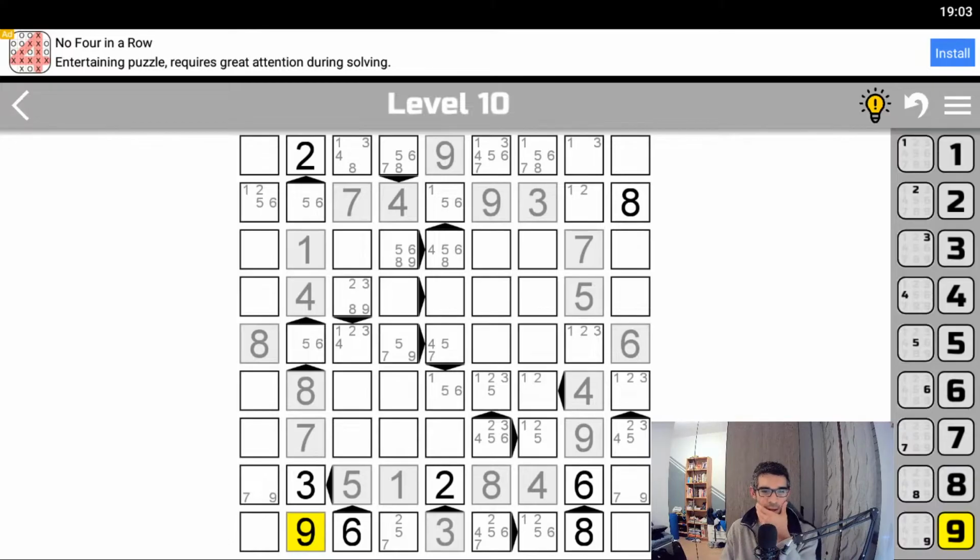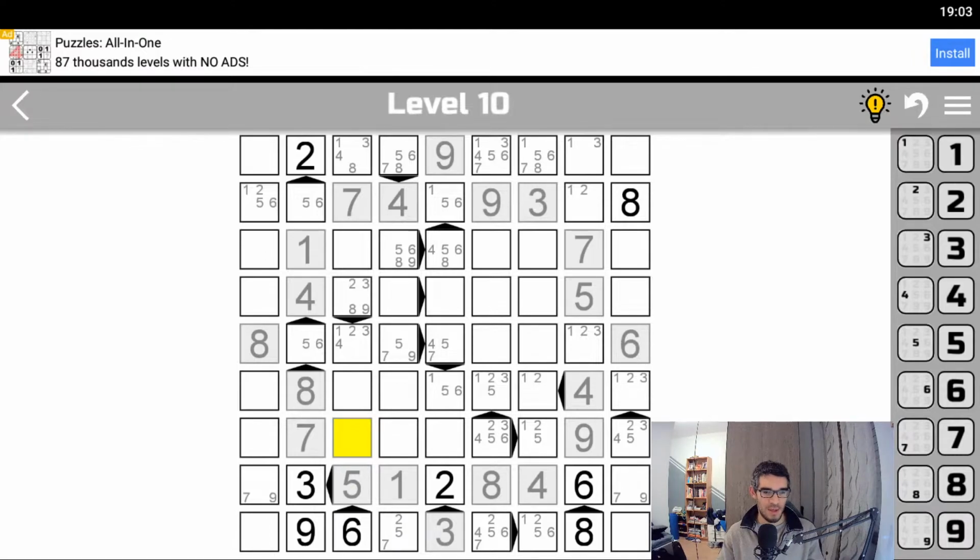Yeah, I can't really though, because the 9 could be here, it could be here, it could be here. So in this 9, there are multiple spots. Now here, it could be here or here, the other 9. So I might need to write the numbers down to know that I'm not missing anything.